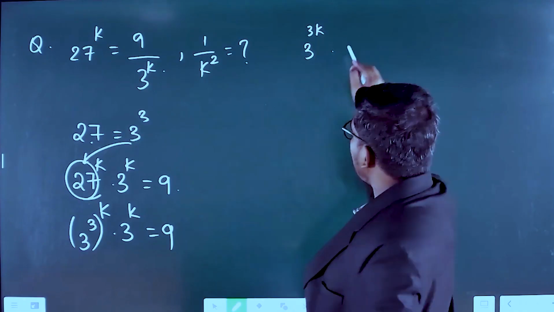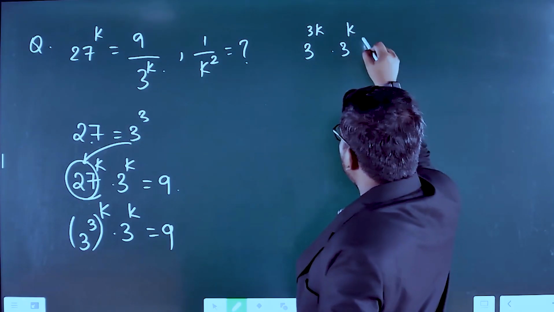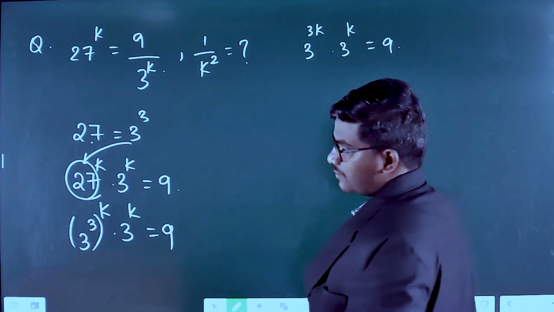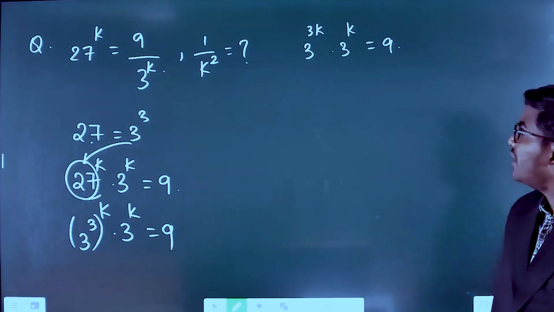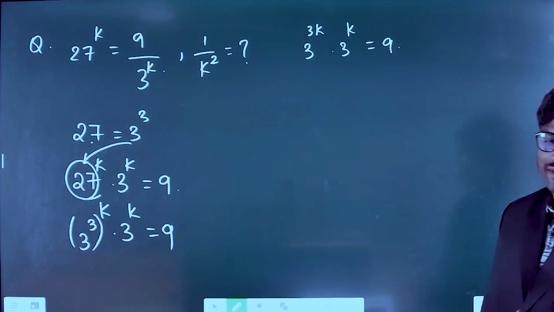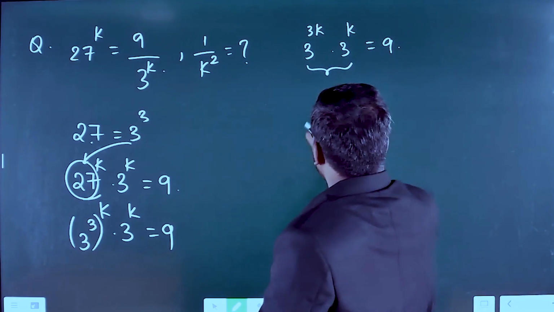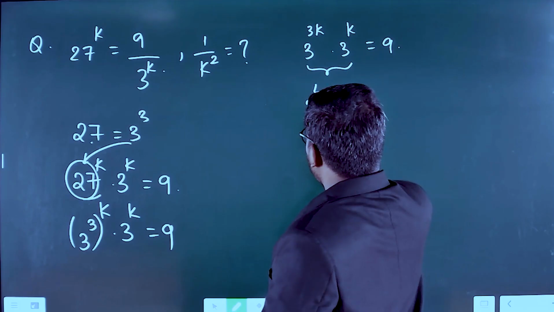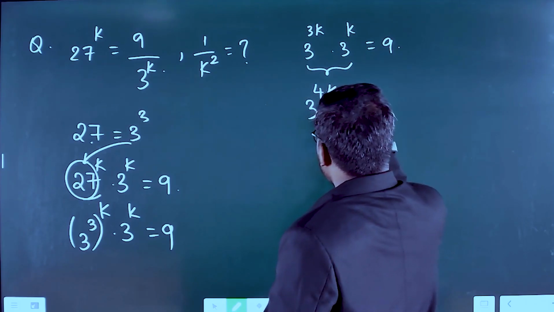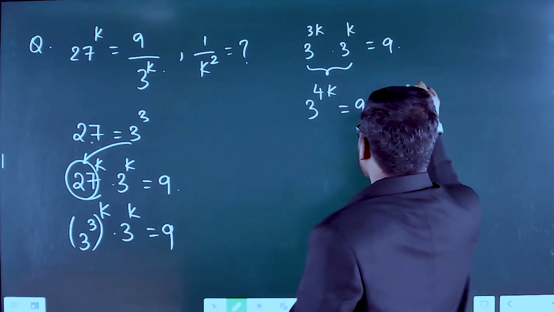3 power 3k into 3 power k will be 9. So 3 power 3k into 3 power k will be 3 power 4k is equal to 9, which is 3 square.